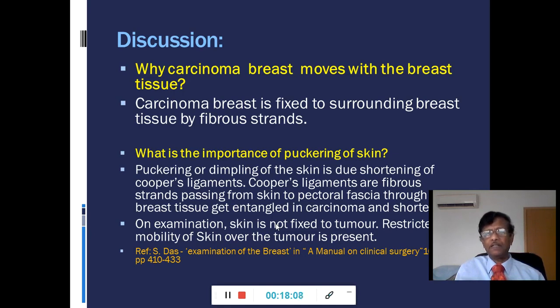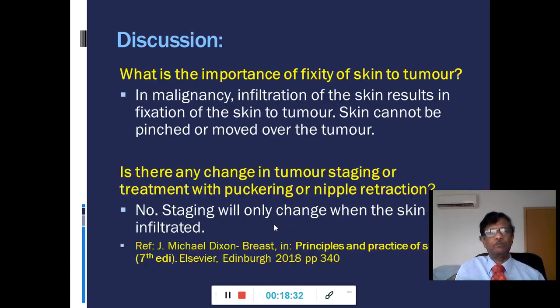They get entangled in carcinoma and shortened. On examination, the skin is not fixed to the tumor. Restricted mobility of the skin over the tumor is present when this puckering or dimpling is noticed. So restricted mobility will be noticed, but the skin is not fixed to the tumor. That is one important point.